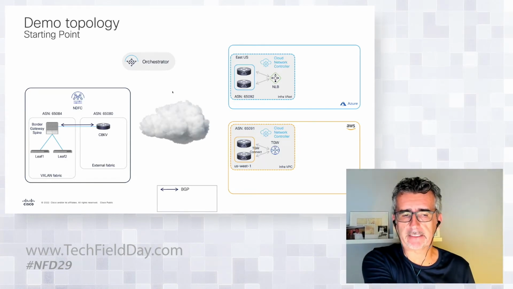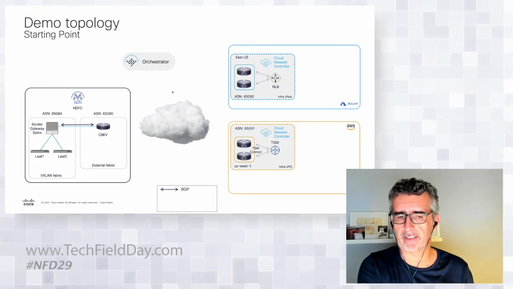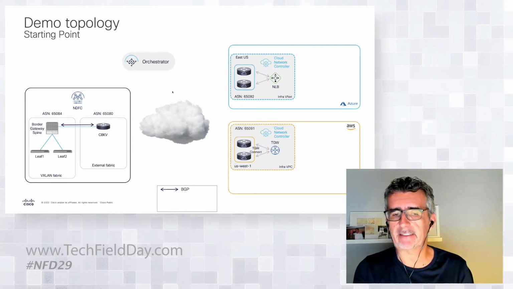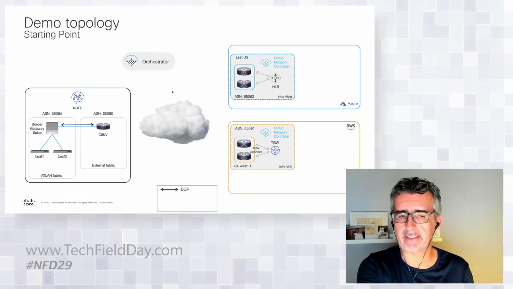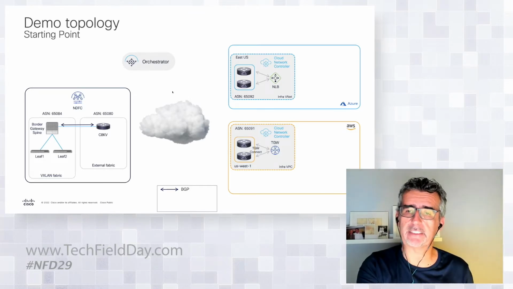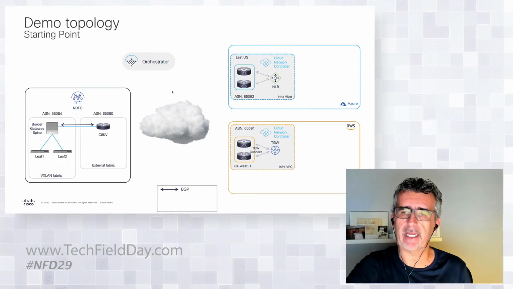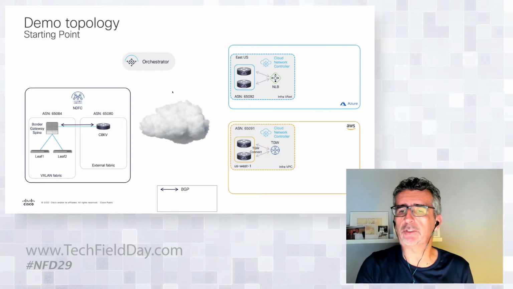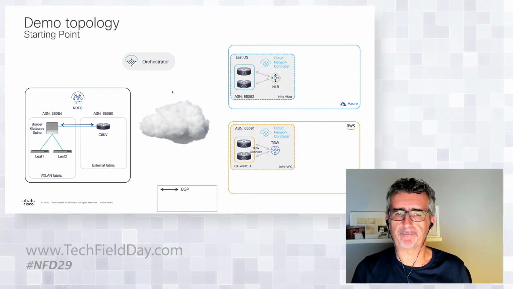And that VXLAN fabric also has another on-prem device, part of what we call a construct in the NDFC called external fabric, which in my case is a Catalyst 8000V, so it's a virtual router, but in general is an IPsec device that is used to establish IPsec connectivity and routing with the public cloud. Okay, it's basically allowing to create the underlay connectivity between on-prem and the public cloud.